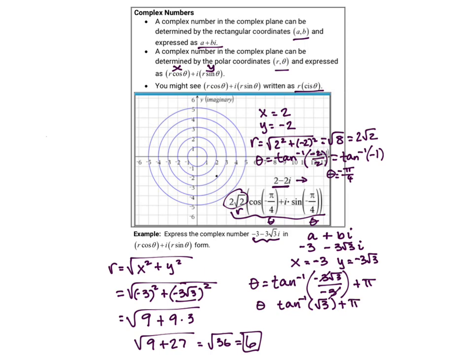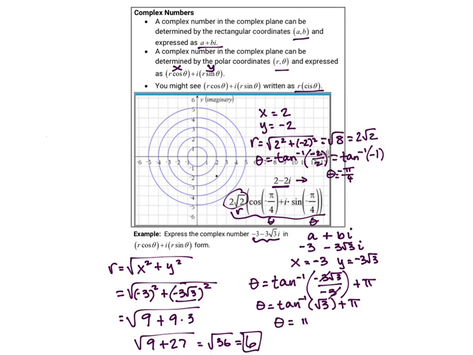Now we've got to think. What is tangent inverse of square root 3? That means that the sine had the square root 3 in it. So it was tall. So it's a pi over 3. It's positive. So that means we're in quadrant 1, as opposed to being in quadrant 4, which would have been negative. That's pi over 3.